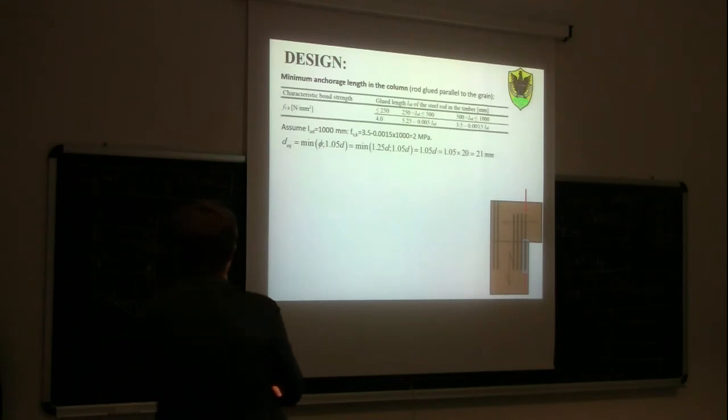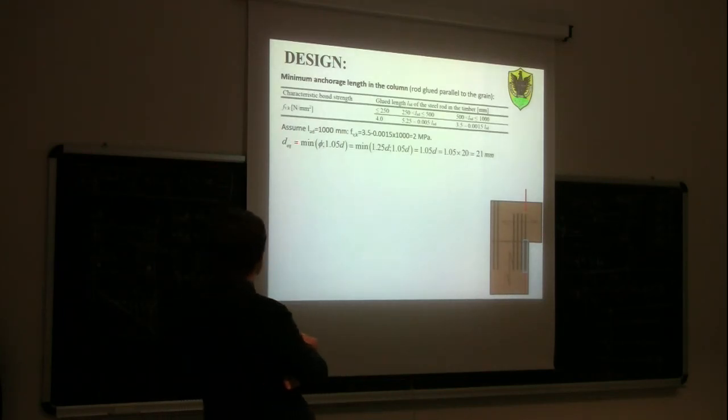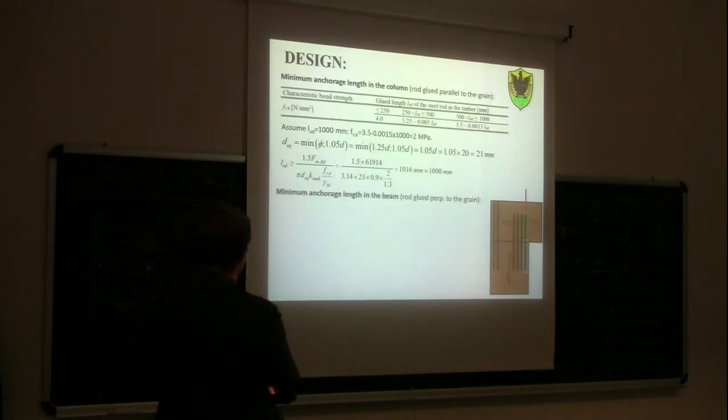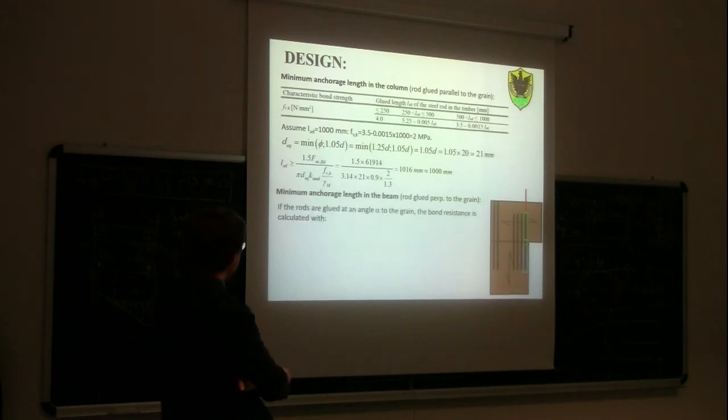The equivalent diameter of the bond is the minimum between the diameter of the hole and 1.05 diameter of the rod. So it's basically 1.05D, so 21 millimeters. And so if we replace inside all these values, so the equivalent FVK, which is 2 megapascal, we get the minimum anchorage length in the beam, which is basically 1000 millimeters.